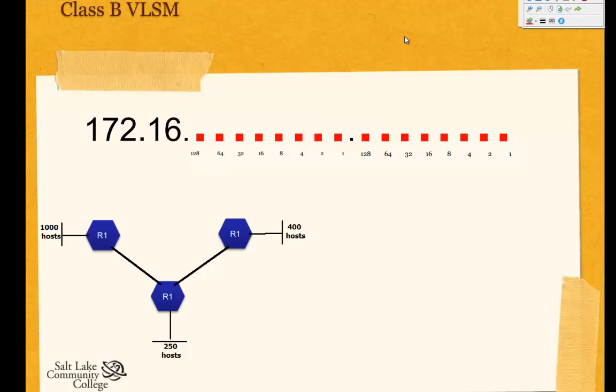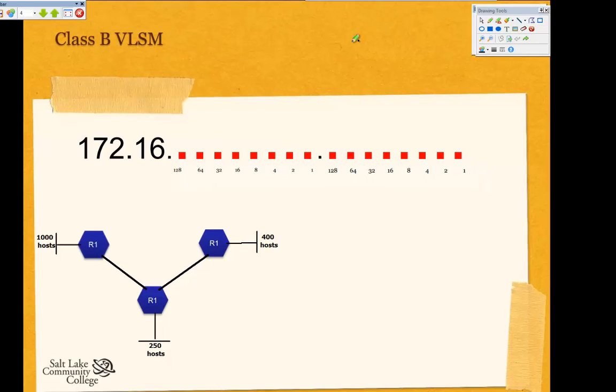So it helps to have a little chart up on top so I can see how many bits I need to borrow for a particular number of hosts. 2 to the 7th is 128. 2 to the 8th is 256. 2 to the 9th is 512. And 2 to the 10th is 1024.